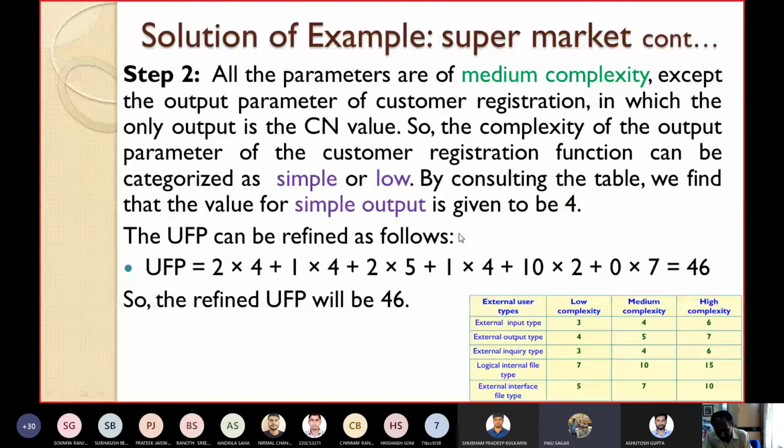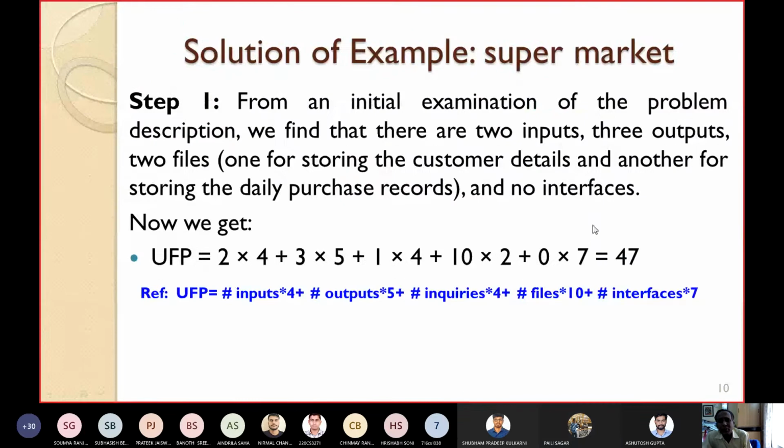See, in this problem, I have assumed that this software is alone, independent, no interfaces are required. If you want to make a more complex software, with a gateway to the payment bank or any external file, then you count the interface. This is just an example I am saying.